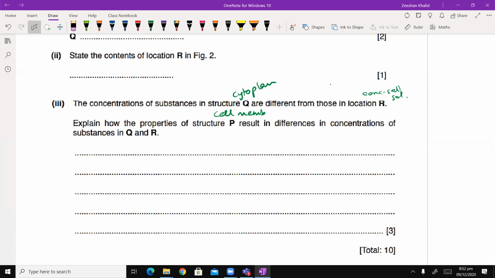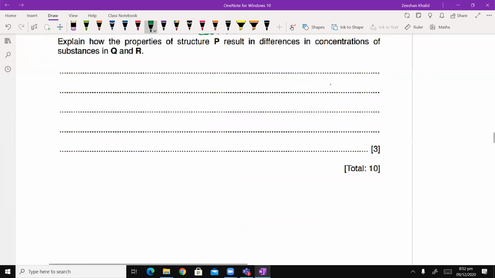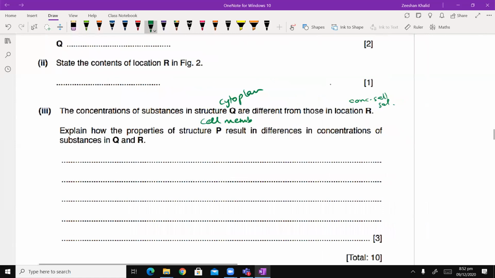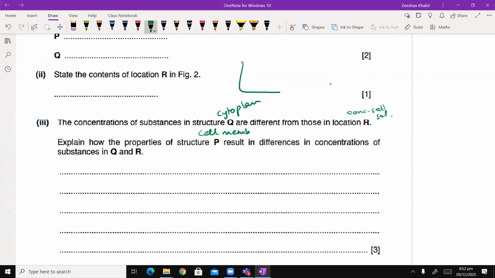Let's try and understand what the question is saying. You have to really understand what the question is saying. Dekhiye, let me repeat the question. Look at the question very carefully. The concentrations of substances in structure Q, which is the cytoplasm, are different from location R. मैं यहाँ पर cell को redraw करता हूँ.